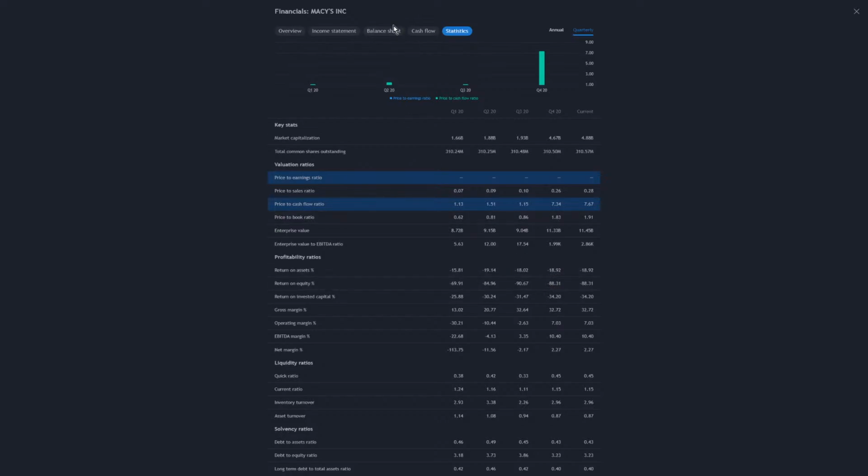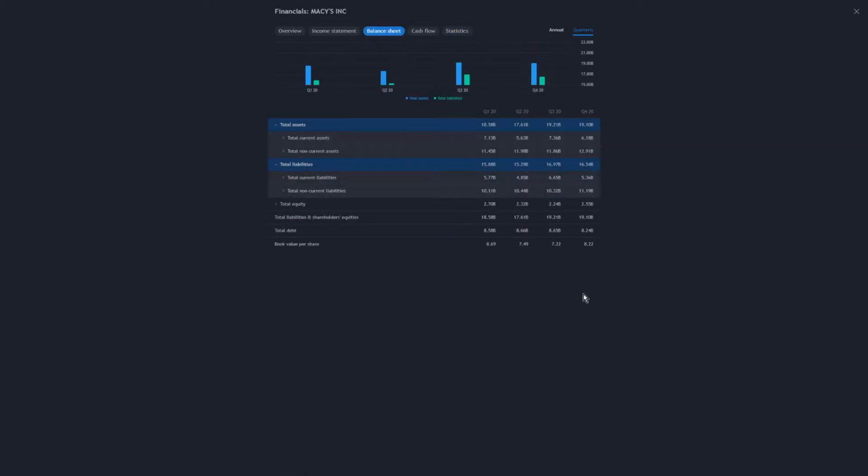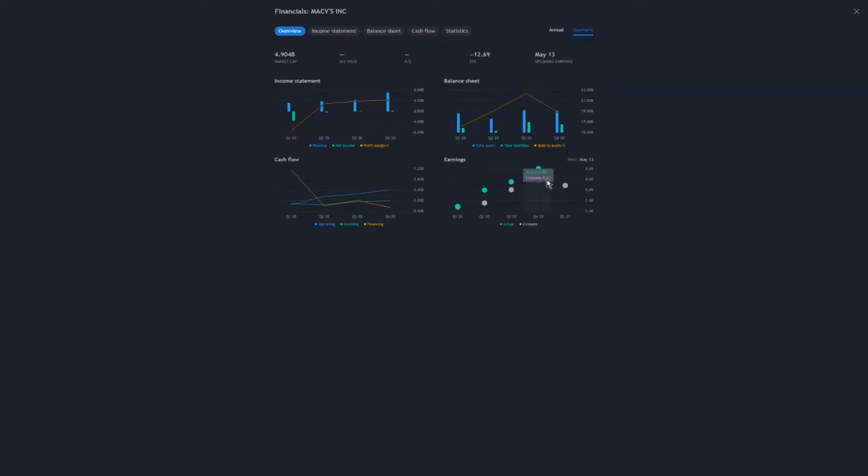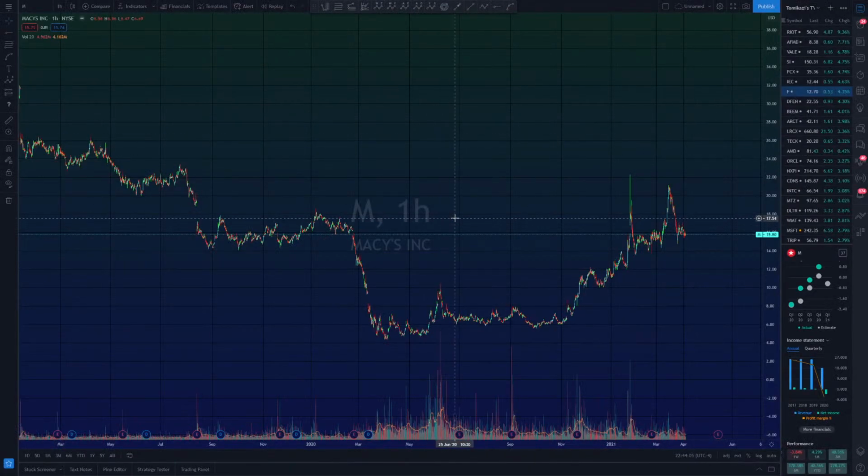Ooh, they have a lot of debt though. You might make money on that in the short term. I don't love it. It's not like standout love it, but I do see the attractive qualities of it.